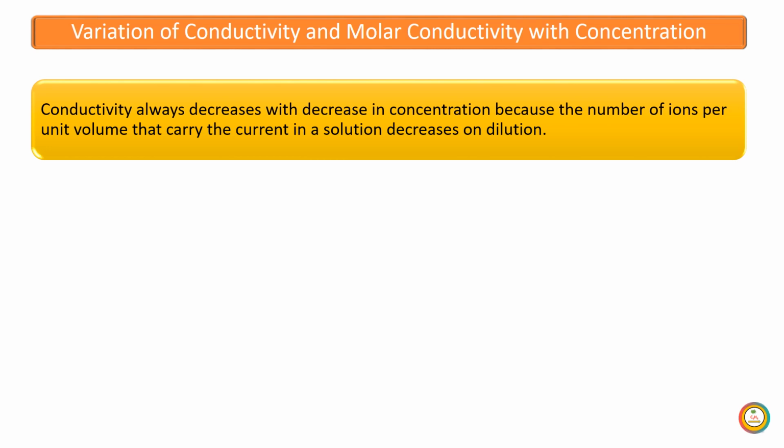Don't confuse it with conductance. Conductance increases but conductivity decreases, because conductivity depends on the number of ions present in a unit volume. By the dilution process, the number of ions in unit volume decreases, so conductivity decreases.